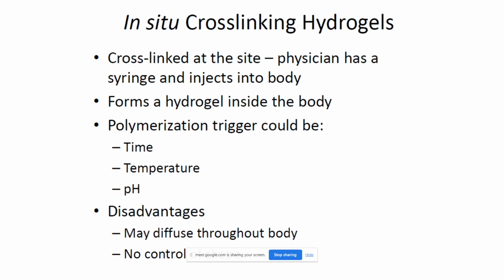Let's say you want to make a polymer based on the temperature of your body. So you can formulate these chains at, let's say, room temperature, and they are going to react with each other at 37 degrees Celsius, which is your bodily temperature. So once you inject them, they are going to cross link when they come in contact with each other. That is known as in situ cross-linking hydrogels at the site of the injection. That's where they're going to form this complete hydrogel.